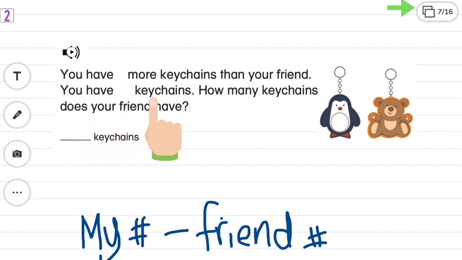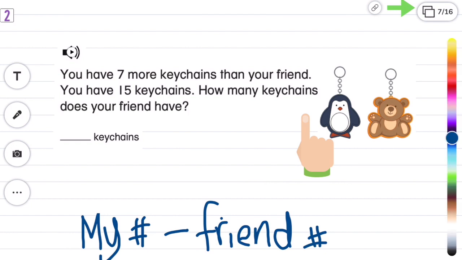You have blank keychains. How many keychains does your friend have? Let's see what are the numbers that they give us. Okay. You have 7 more than your friend. You have 15. So my number isn't 7, my number is 15.